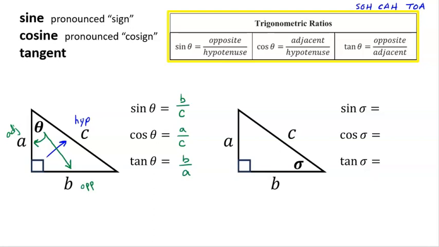Now let's look at our other angle. So now we're looking at angle sigma, and we still want to label our hypotenuse.